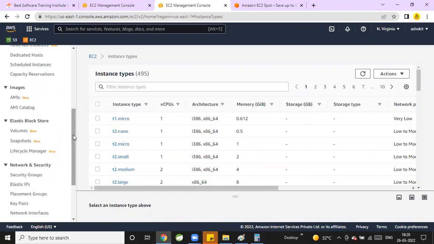I have to cover volumes and snapshots. I think we are going slow, so let's have a class tomorrow because I have some leaves this week. 8 p.m. is fine for me too. Regular timing is also fine.